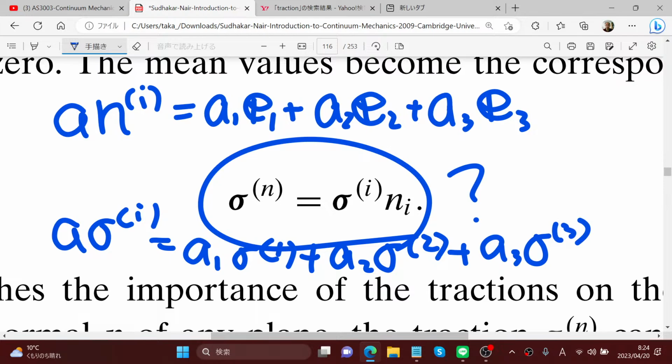Yeah, so can we obtain one from the other?